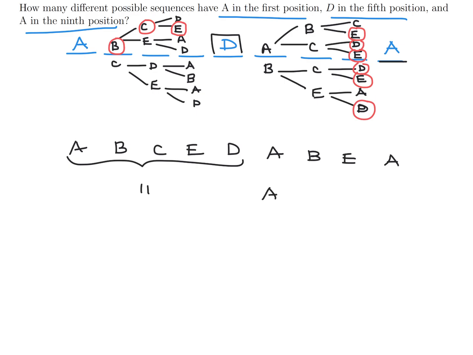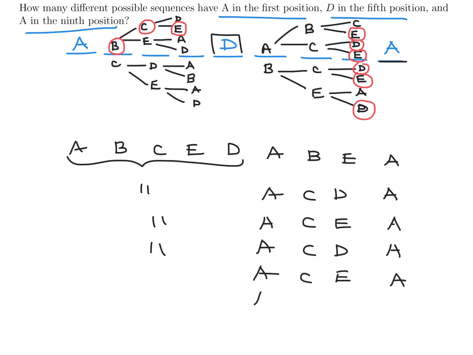The next one, A and A, let's see here, C, D, correct? And the next one, C, E. And then the next one is C, D. And then C, E. And then finally, E, D.